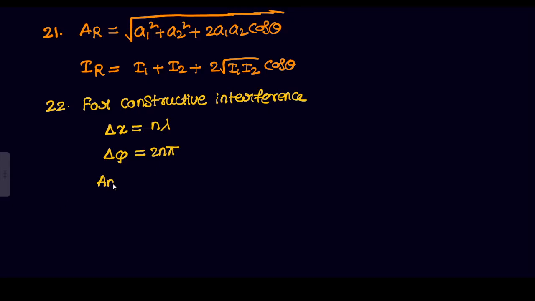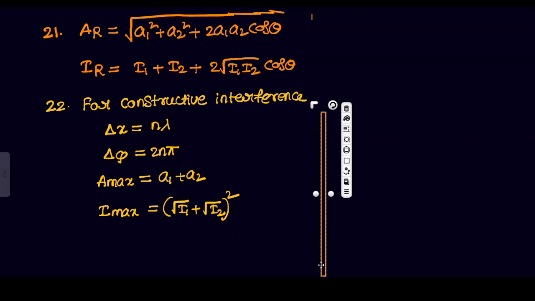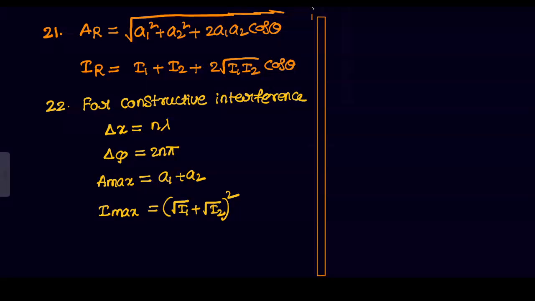In this case, we have maximum intensity, that is, maximum amplitude is A1 plus A2. Intensity maximum is how much now? That is root I1 plus root I2, whole square. This is for constructive interference. Right.